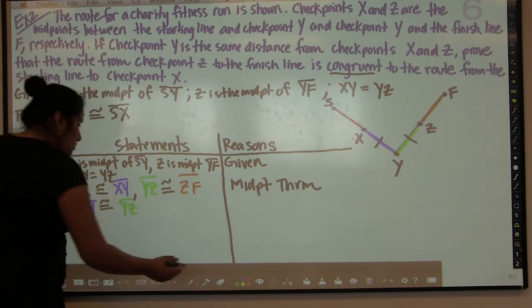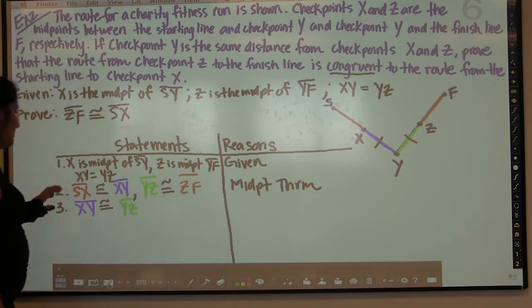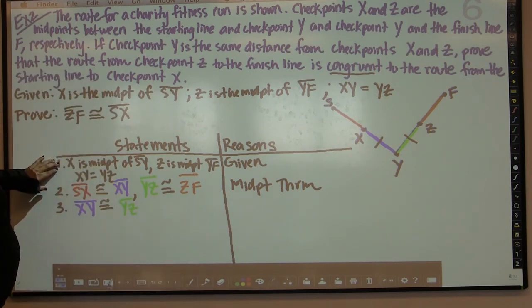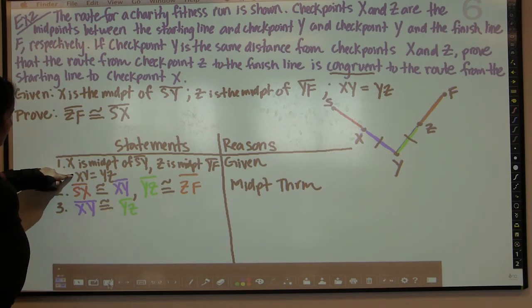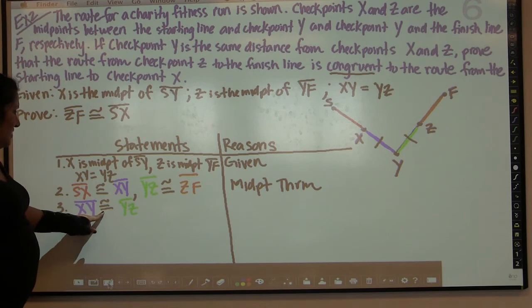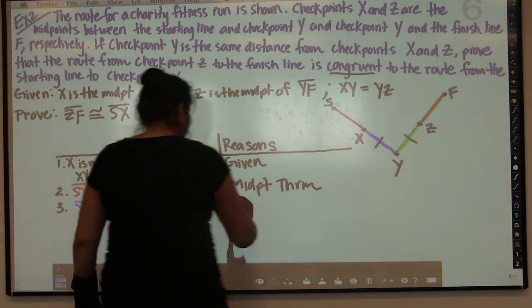Because X and Z are midpoints, we got step 2. And because XY equals YZ, we get step 3, that segment XY is congruent to segment YZ. That's the definition of congruence.